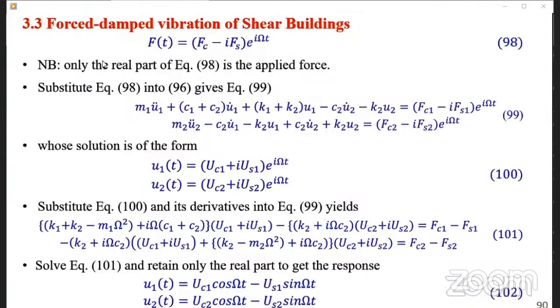In the same manner, equation 97 can be rewritten using the Euler equation in complex form, where we have introduced i, a complex number. We note that only the real part of equation 98 is the applied force. So you substitute 98 in 96 to obtain this equation. I'm not going to work it out because I have already worked it out here.